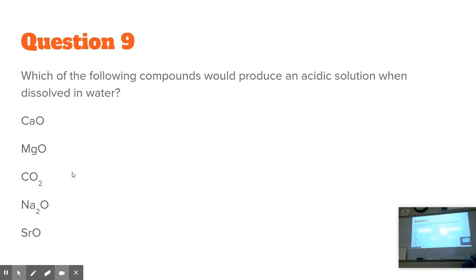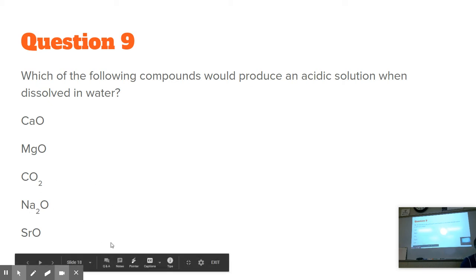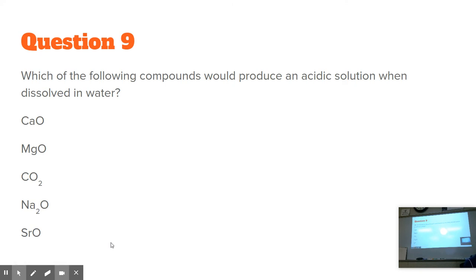Calcium oxide, magnesium oxide, sodium oxide, and strontium oxide are all considered metal oxides. From your notes, metal oxides produce basic solutions. Carbon dioxide is the only molecular, meaning non-metal, compound.